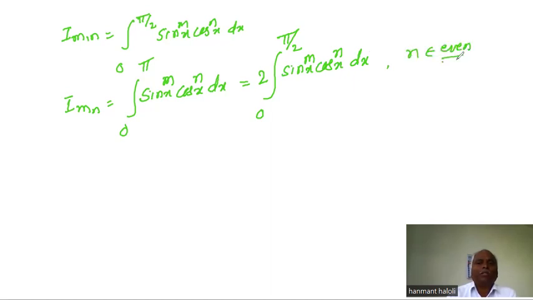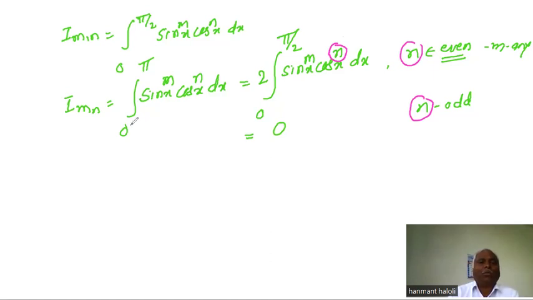M may be any value. And this is equal to 0 if n is an odd number. Here n is the power of cos. If the cos power is an even number, you get 2 times. If the cos power is not even, it becomes 0. This is a very important concept here.